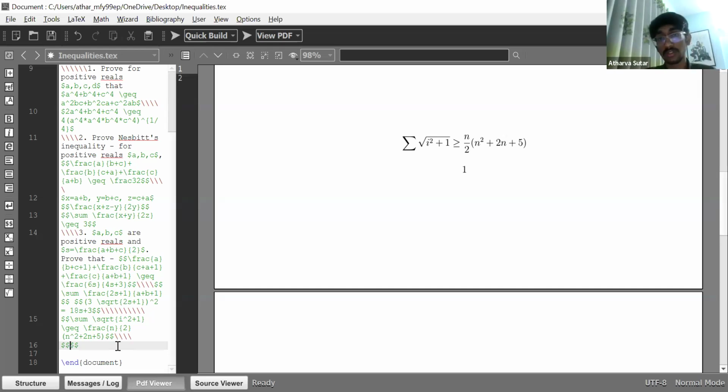So we basically want to use Jensen's on this now. So the sum of all the functions upon n would be greater than or equal to the function of the averages.